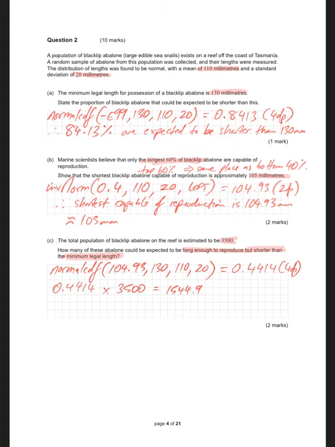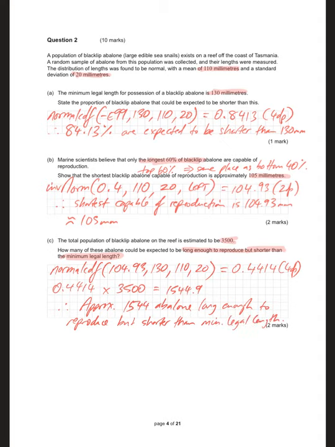So therefore, we can't have part abalone, so we're going to round down to approximately 1,544 abalone long enough to reproduce, but shorter than the minimum legal length. Alright, that's that page done.